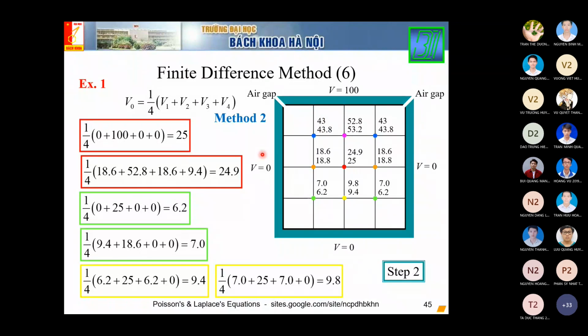So to modify 43.8, we use 53.2, and then we modify to 53.2. We use the modified value of that earlier point, right? Yes, right. We use the just found new value. Okay. Thank you. You're welcome.